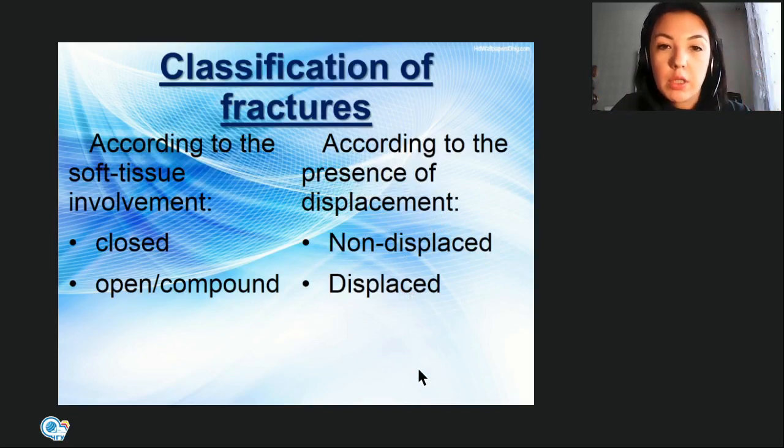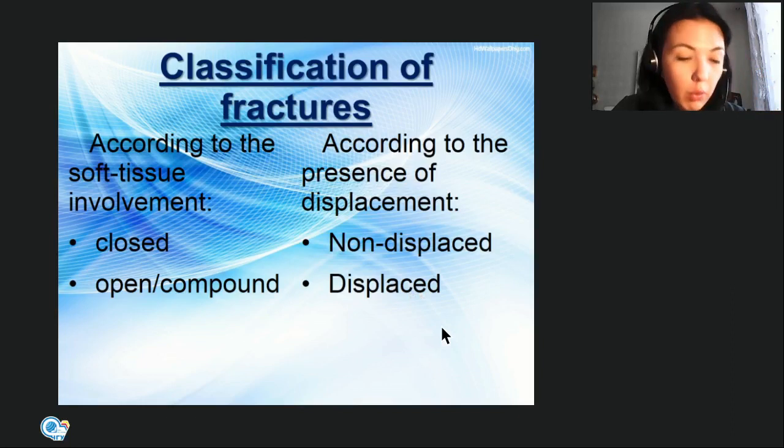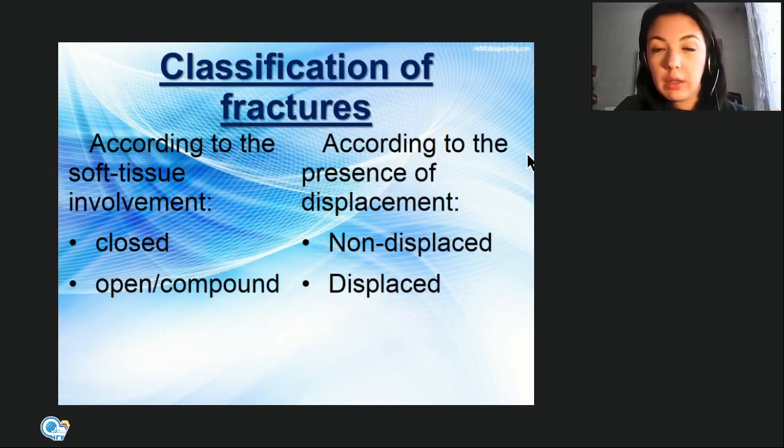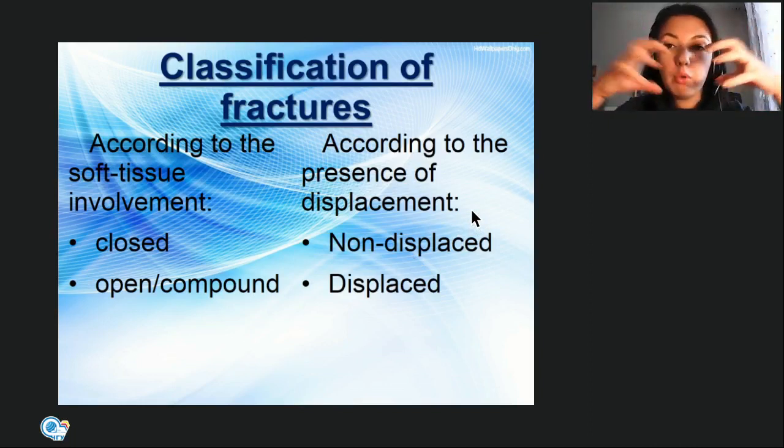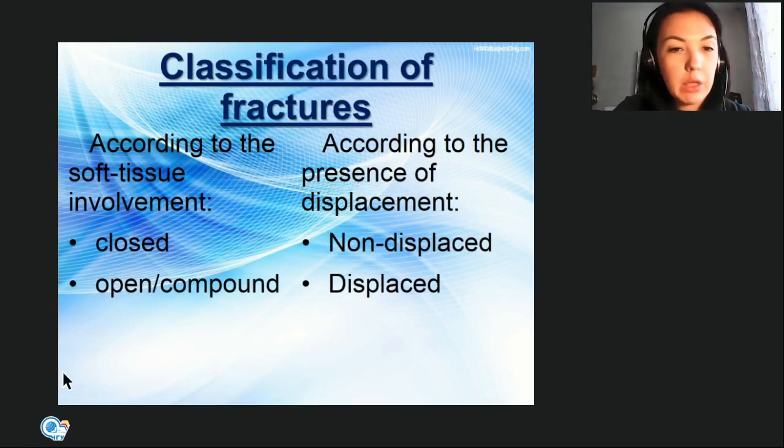To be honest, there are no absolutely non-displaced fractures. There is always a small displacement, but it can be either clinically significant or not. By displaced fractures, we mean those which require reposition, a special procedure to return the ends of the bones to their places.